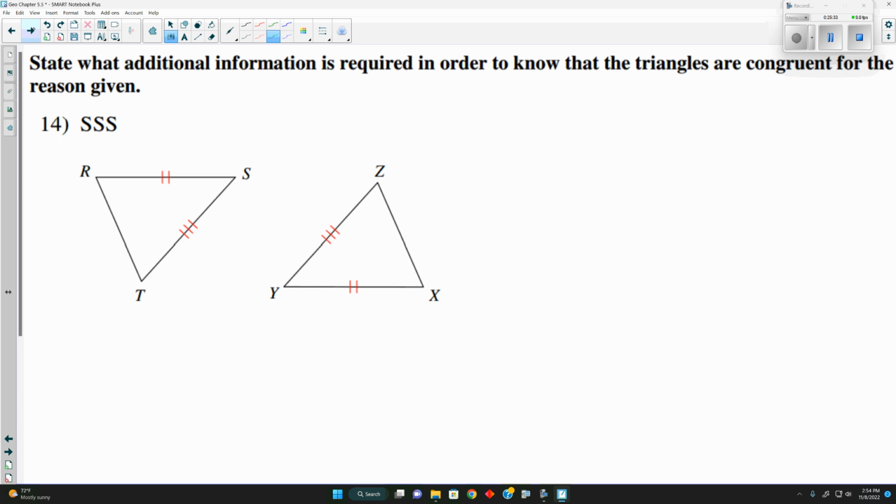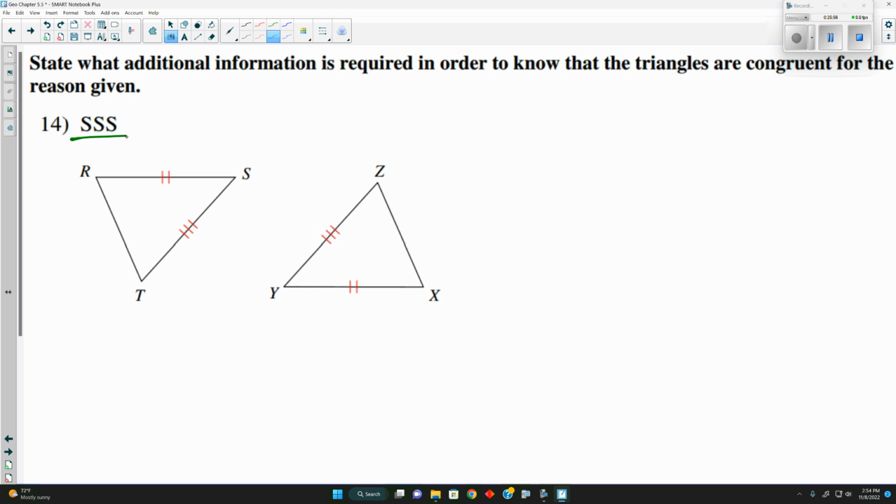So the last thing we're looking at is this here. What additional information do we need to say that the two triangles are congruent by the given reasoning? So the given reasoning for this here is side, side, side. So what are we given?